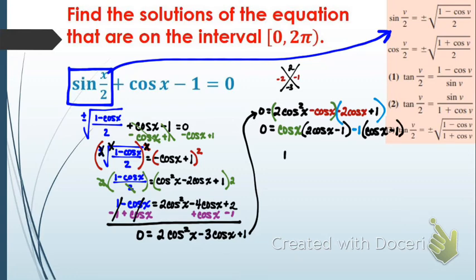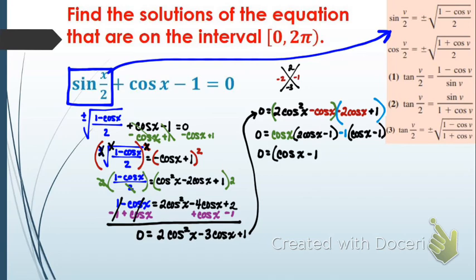So that means my factors are cosine x minus 1 and 2 cosine x minus 1. What do I do with each factor? Set them equal to 0.